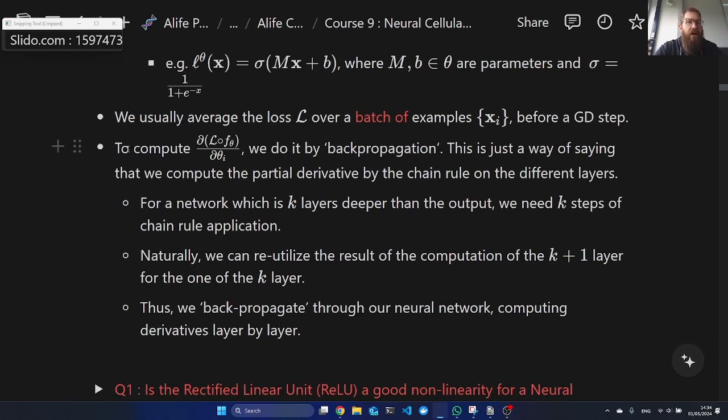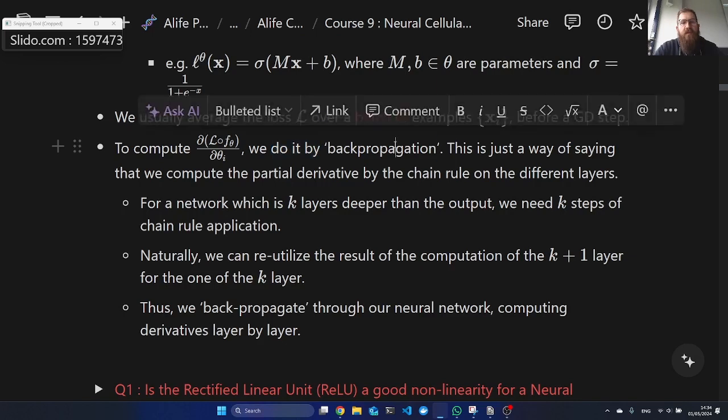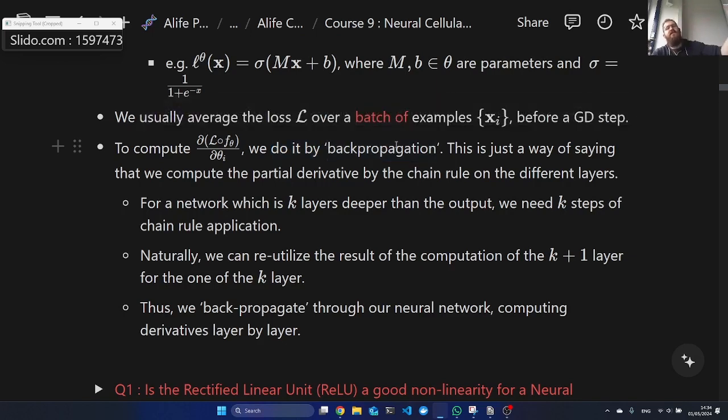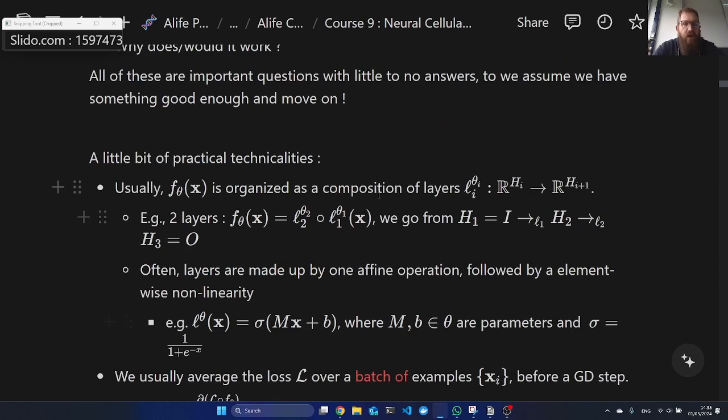Okay, and finally, to compute this partial derivative here of the loss, we do it by what's called backpropagation. So this is a very fancy name, but this just means we apply the chain rule to the layers. Okay, so our function here is just a composition of several layers. How do you compute the derivative of a composition of functions? Well, you apply the chain rule.